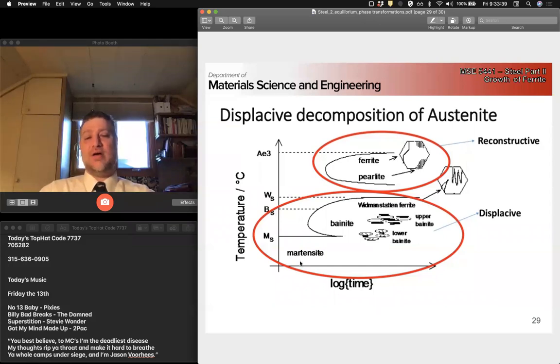And at very low temperatures, we don't have enough activation energy. We don't have enough thermal energy for any diffusion, really. And so we form a purely diffusionless, purely displacive, shear-driven martensite transformation, right?